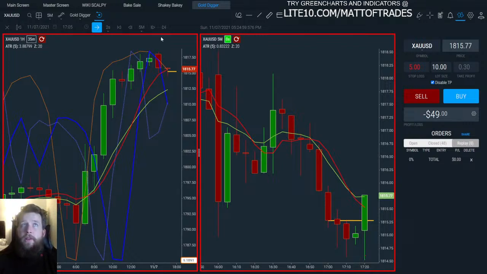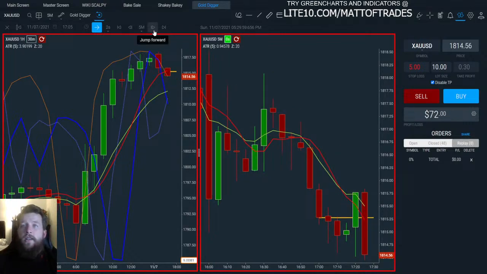Otherwise, we keep it rolling. Also, if the thick blue switches during the middle of the trade while we are not in profit, we will close it if it happens to go back into profit at the close of that candle. So this will make more sense as we go along.